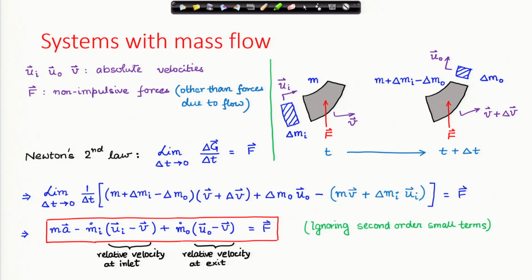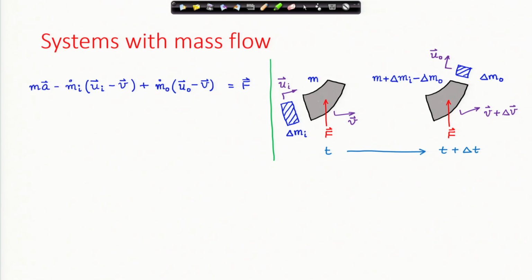So, the relative velocities of the incoming mass and the outgoing mass are represented by u_i minus v and u_o minus v respectively. And we have used these definitions: dv/dt is acceleration A, which I have used here, m_i dot is dm_i/dt and m_o dot is dm_o/dt. Therefore, finally, this is our master equation, the equation governing systems with mass flow.